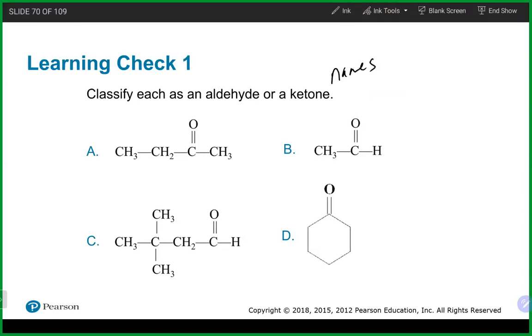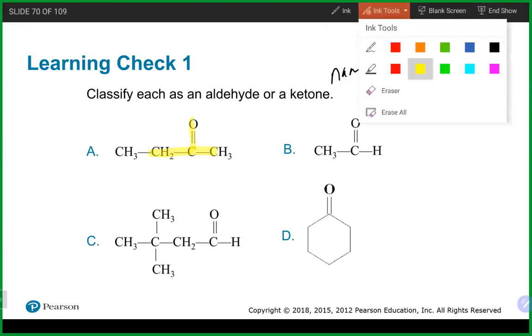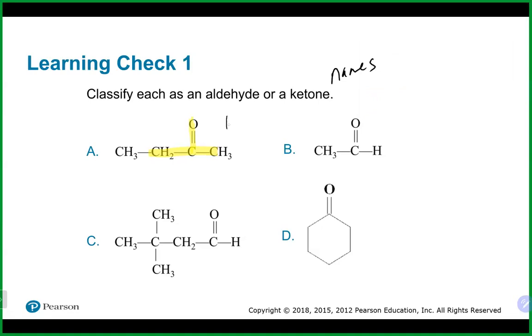Okay, let's take a look here. Let's first identify each of these. Starting with the first one, we have a 3-carbon run and a double bond, so that is a ketone. Next we have carbon, oxygen double bond, and hydrogen, which would be an aldehyde.